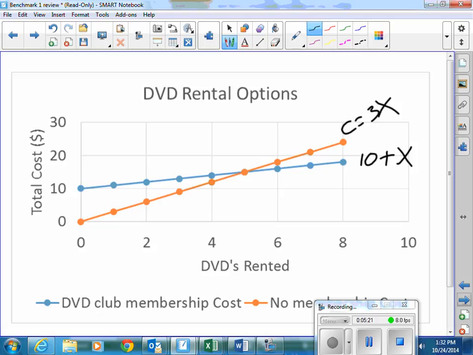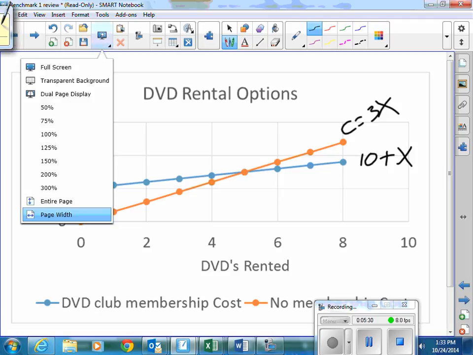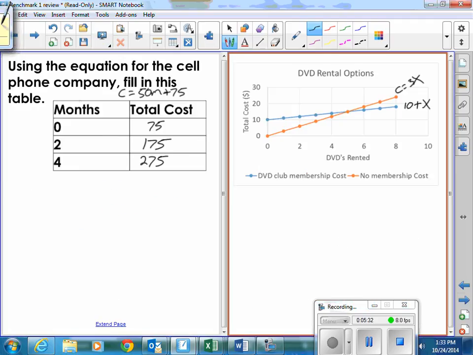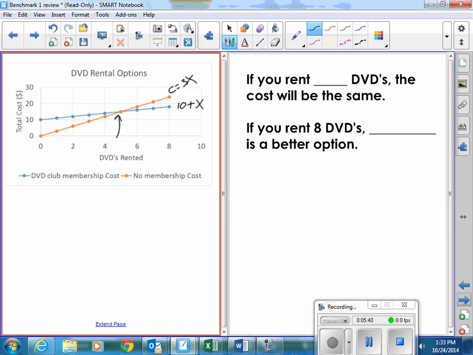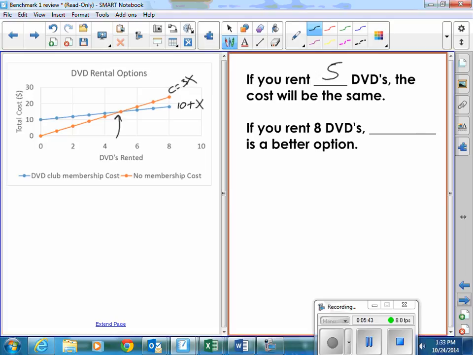Then at some point those two will become equal. Find that point. So if we rent blank DVDs, the cost will be the same. I come on the graph to there and say, well, at 5 DVDs, the cost will be the same.